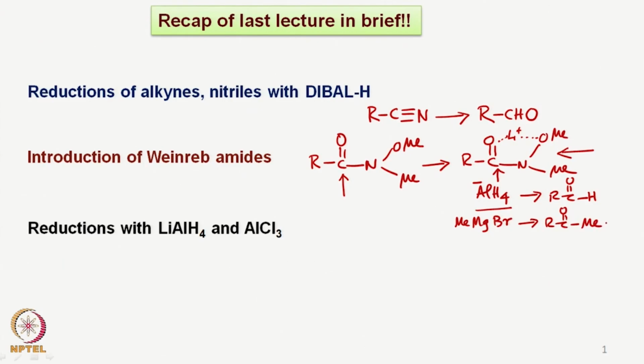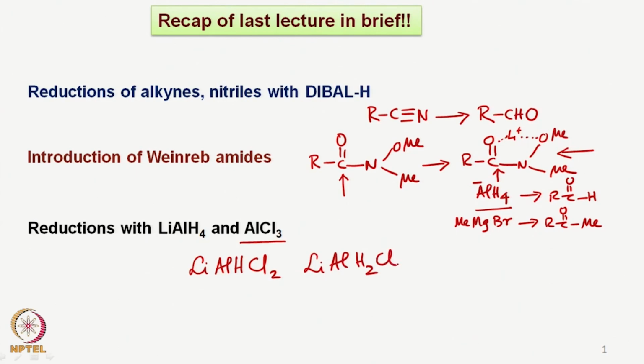Then towards the end we discussed the reductions with lithium aluminum hydride. We also discussed the reductions using lithium tri-tert-butoxy aluminum hydride and lithium aluminum hydride in the presence of aluminum chloride, where the use of aluminum chloride modifies the reducing agent, so that you can have this or you can have this.